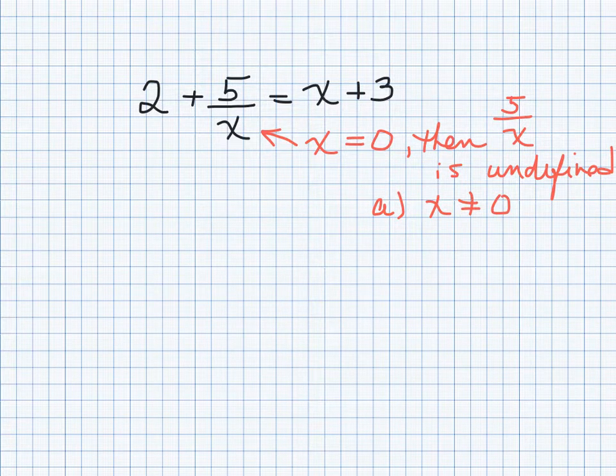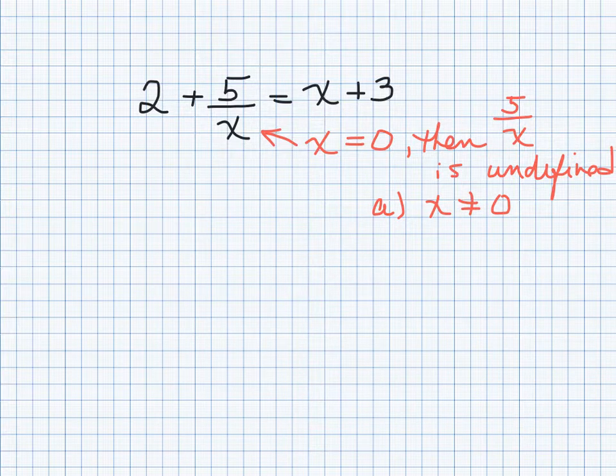Then for the next part, since there is one single denominator in this whole equation, we want to multiply by that denominator. It's equivalent to multiplying by the LCD.